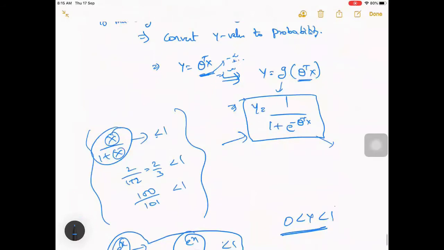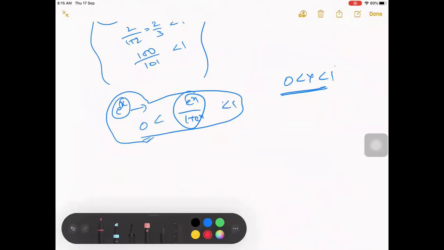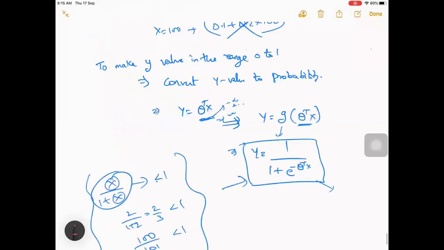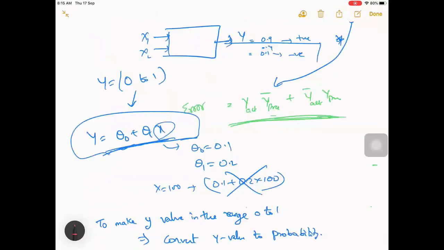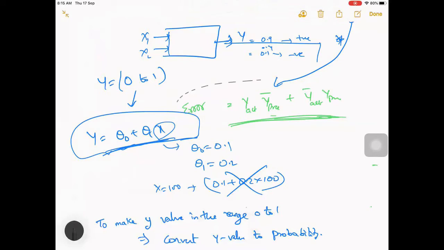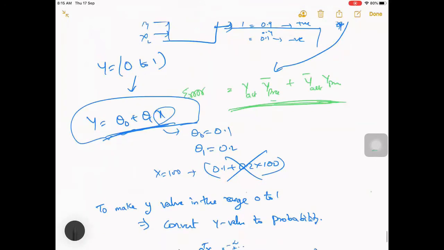Okay, so as discussed earlier in the loss function, what did we discuss here? Our error is this, right? Let me write it again.